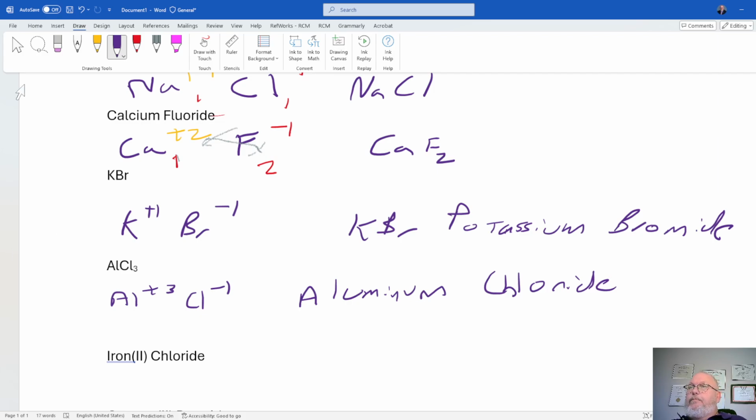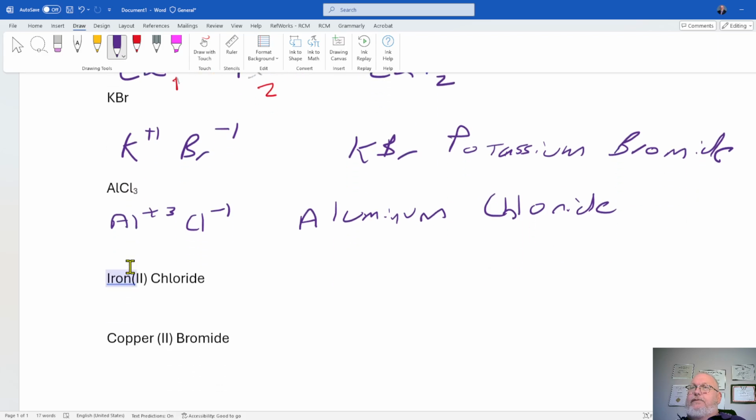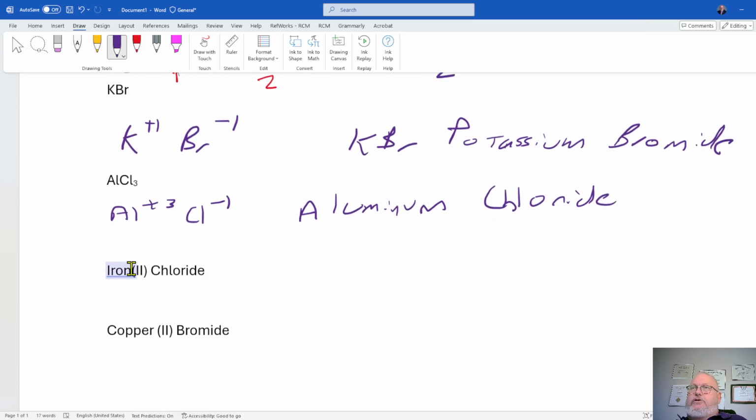Okay. Now let's look at this one. This is going to be different. And I think these are easier because I don't have to remember which group these guys are in. I can just look at these Roman numerals and I know what the charge is on the iron. So I have iron(II) chloride.